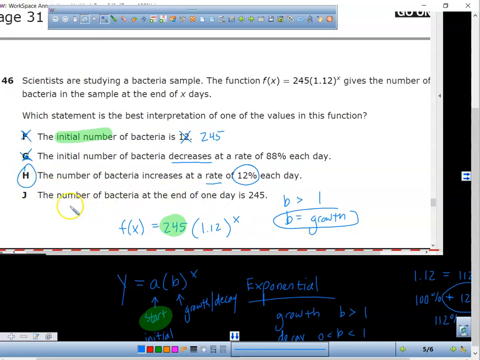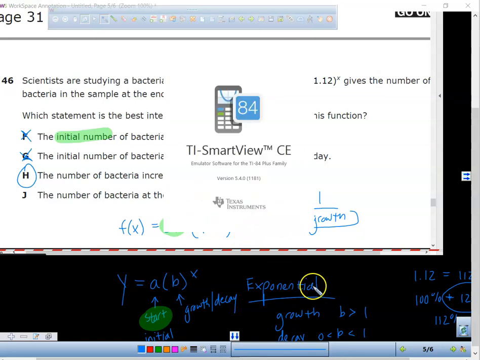Now, how could you prove that J is wrong? All you'd have to do is, at the beginning of the day, if it says the number of bacteria at the start was 245, then that would be the correct answer. But at the end of the one day, what am I going to do? Put a 1 there? Well, how would I check that? Here's a really easy way to check it.